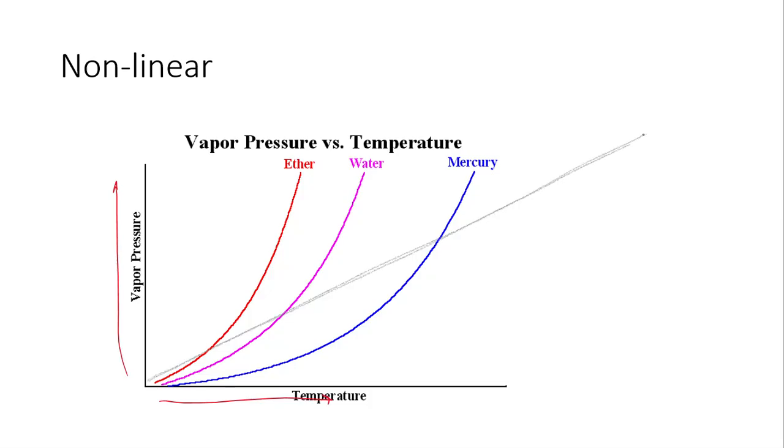This gray thing, that is a linear line. You can see, however, that this ether is curved up, not linear. You can see water is curving upwards, not linear. And mercury is also curving up, not linear.